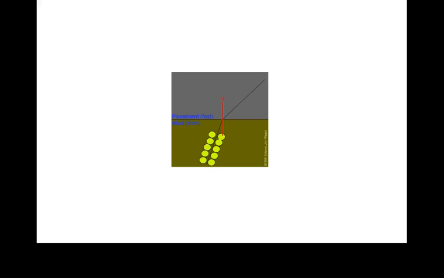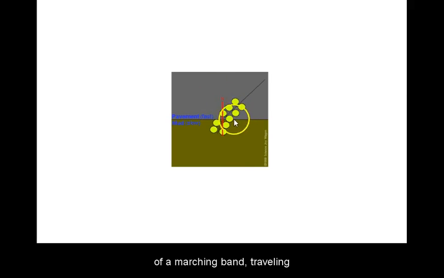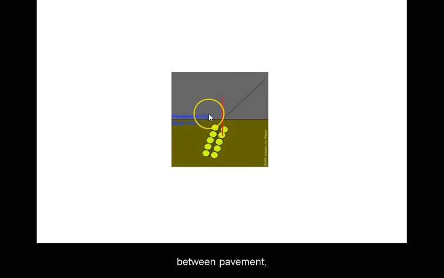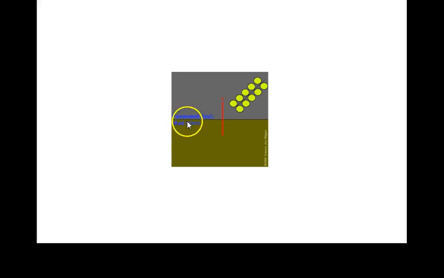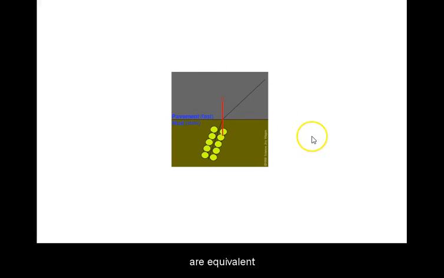Much like if you have rows of a marching band traveling between pavement, which is easy to walk through, and mud, where they will slow down, the rows are going to change direction. For light, these rows are equivalent to the wavefronts.